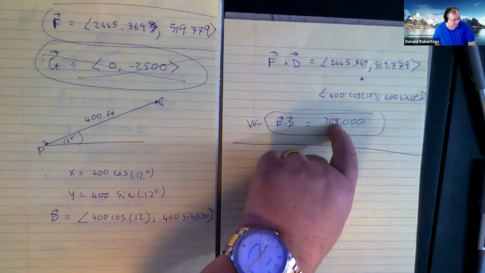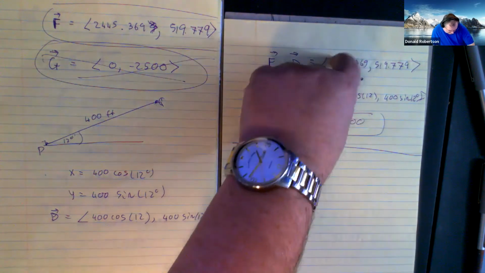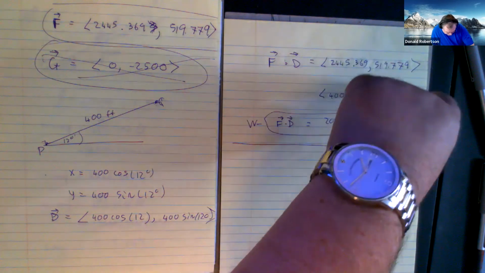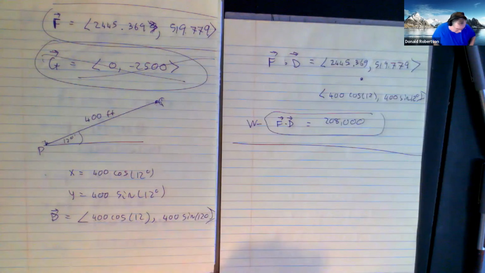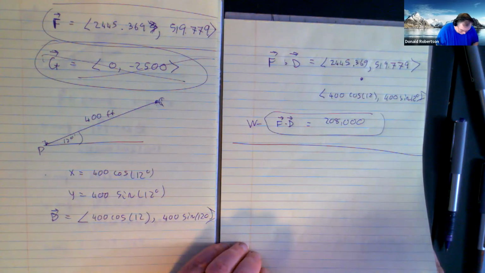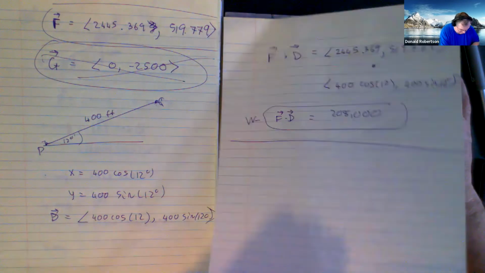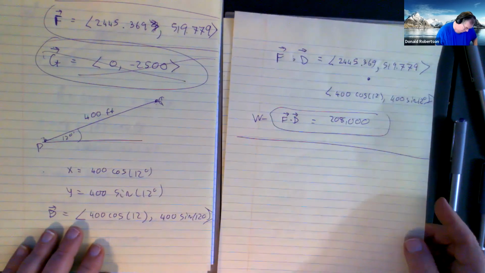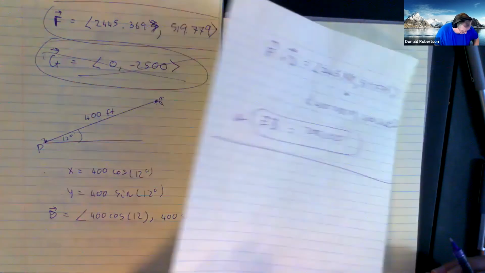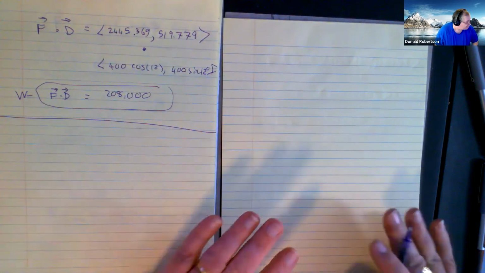So the work done ends up being that. So if I do 2,445 times that guy, and 519 times that guy, and I add them all up, I should get the work done, 208,000. Not 100% comfortable with that, but I'm 90% comfortable. Plus I had to rush it.